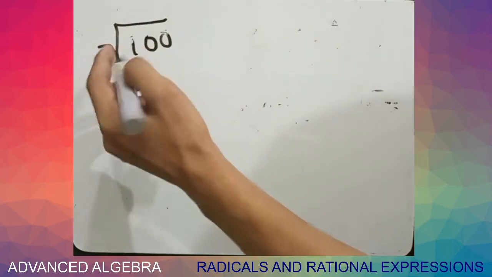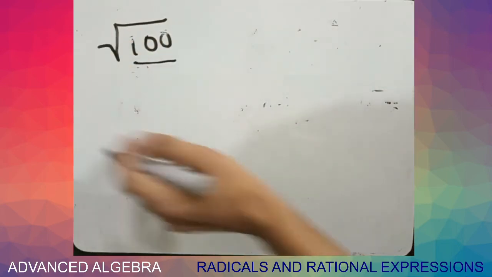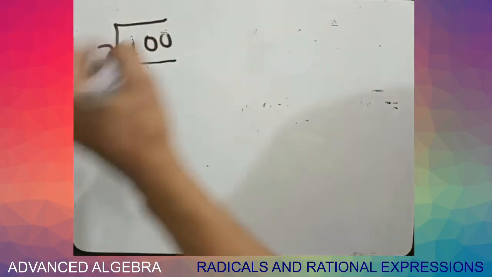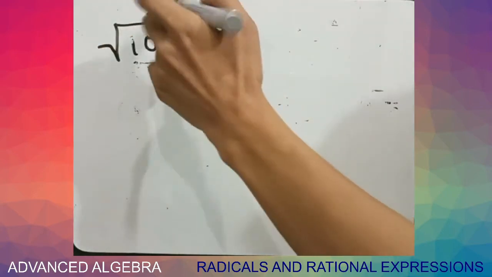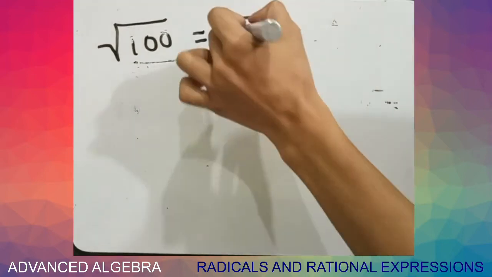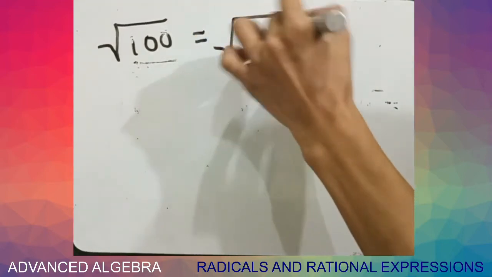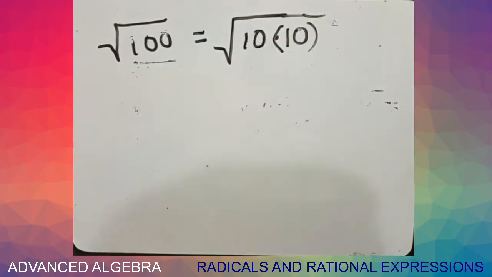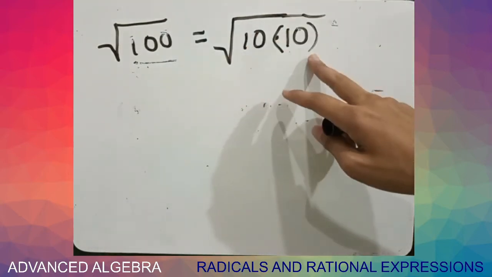So, kasi, para makuha natin yung square root ng 100, kailangan natin siyang i-factor. So, anong factor ng 100? So, di ba, lagyan natin equal sign. Okay. So, 100 is 10 times 10. Or, pwedeng parenthesis ang gamitin natin. Okay, dalawang number yung pinag-times natin.